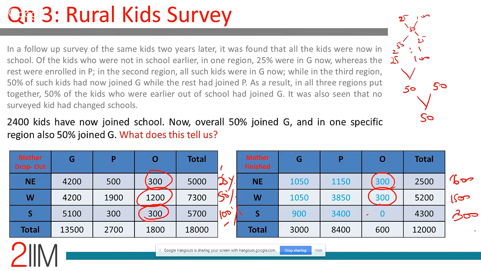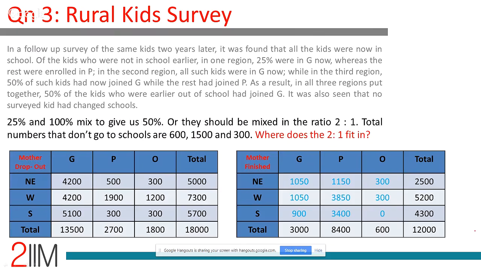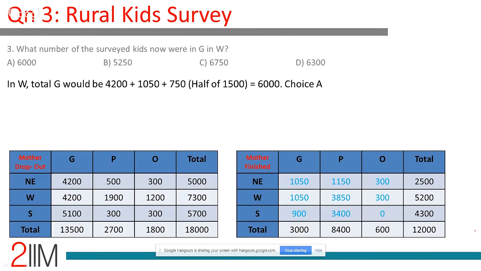What number of surveyed kids were in G in the West? So 25%, 50%, 100%. In the West, the number of students who were already in G is 4200 plus 1050.